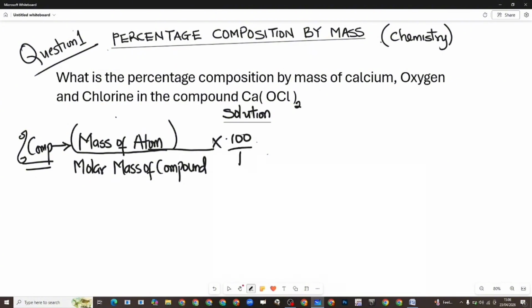With that, we can get the percentage of each element in the compound.